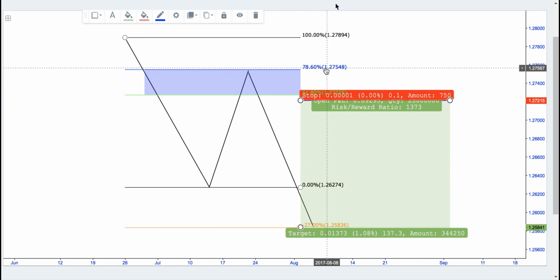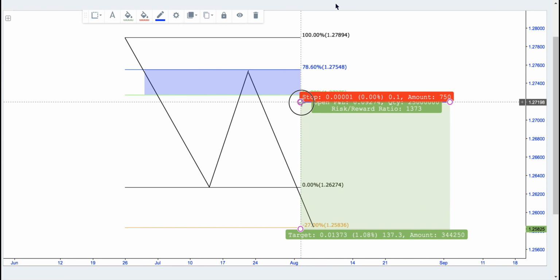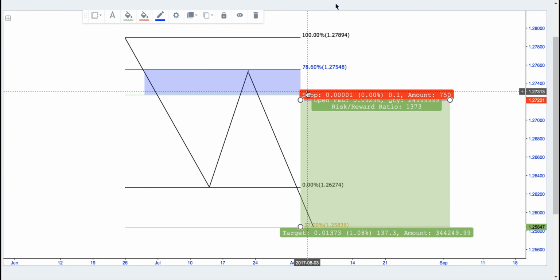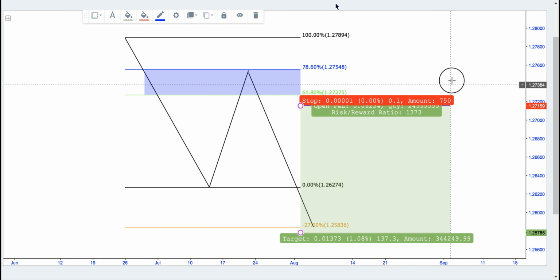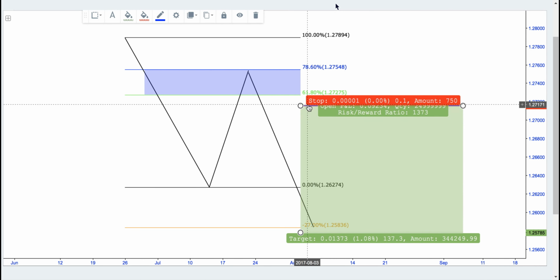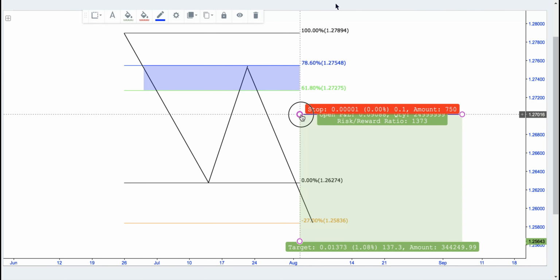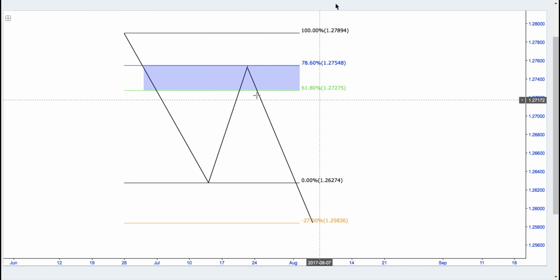So here, the price of the 78.6 is 1.2754. Let's just round that off to 1.2755. 15 pips on top of that is going to come in at, come on. This thing is so damn fiddly. Let me just get another one.